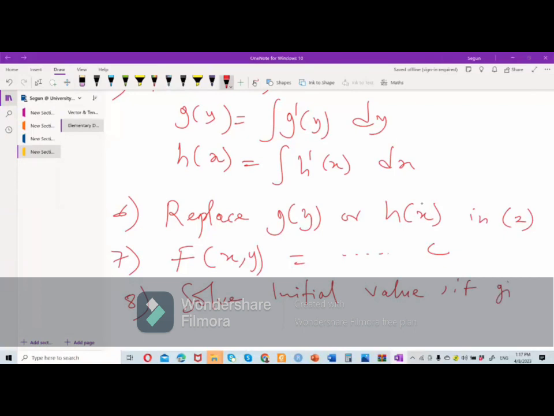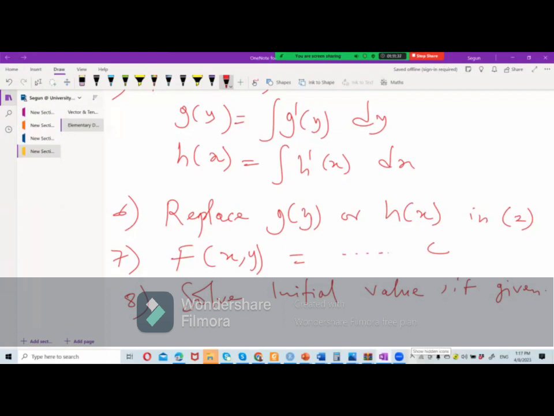If given, don't forget, if given. But let's look at the example that is related to what the steps. Then we'll pick it one after the other.